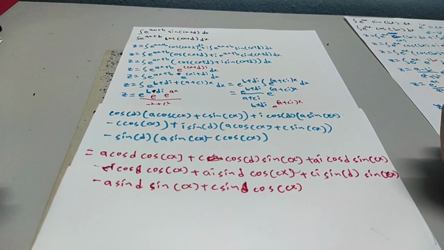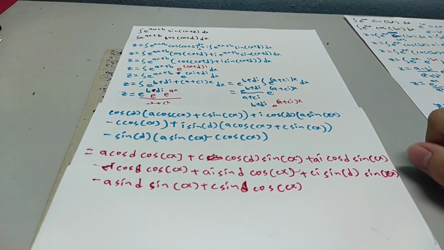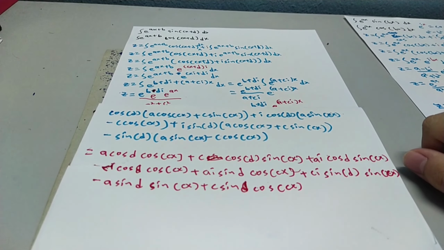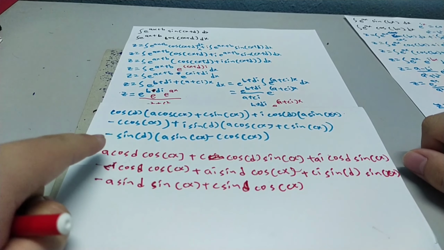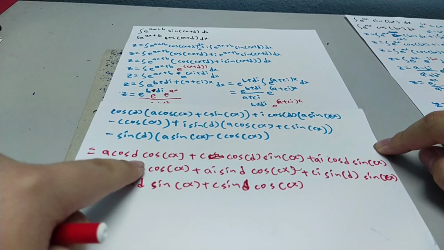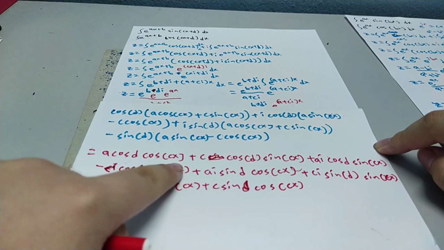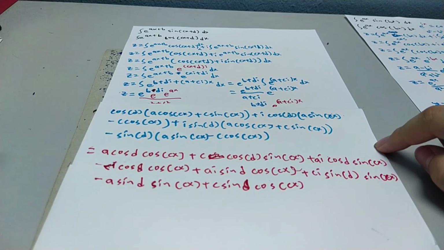Okay, so we are done expanding, and then let's check if there are some similar terms, some similar pattern that I can recognize. Now look at here what I found. a times cosine of d times cosine of cx minus a times sine of d times sine of cx.